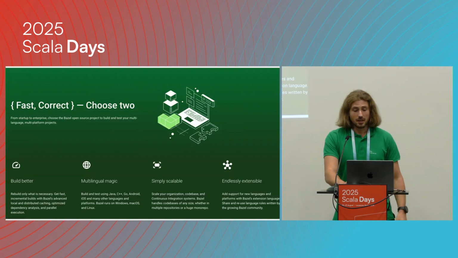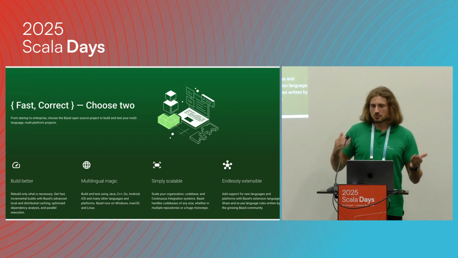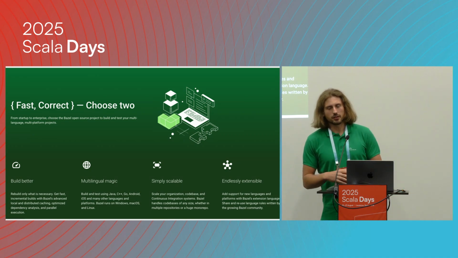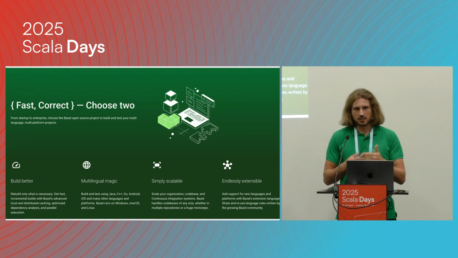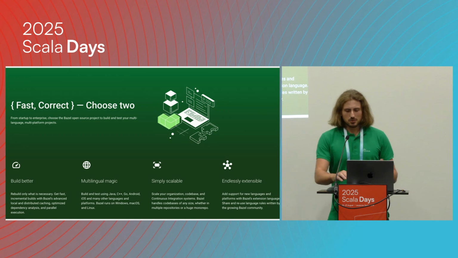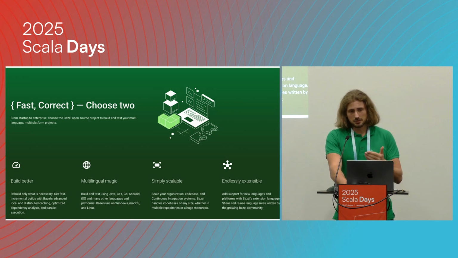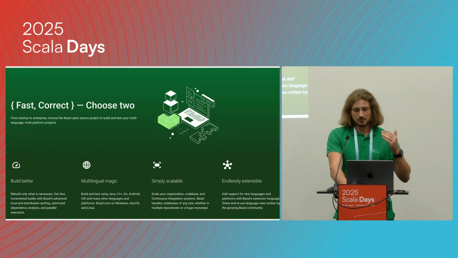So let's begin. If you don't know Bazel yet, it's a build tool created by Google, originally named Blaze, but then when they open sourced it, they renamed it a bit. And it wants to be the best build tool for large monorepos, when you have thousands of files, not lines of code, but files, hundreds of modules, multiple languages.